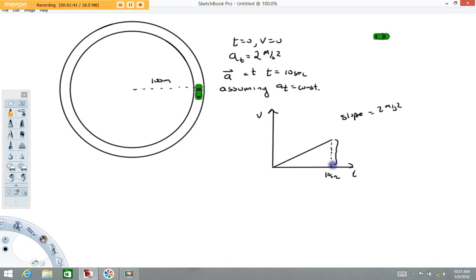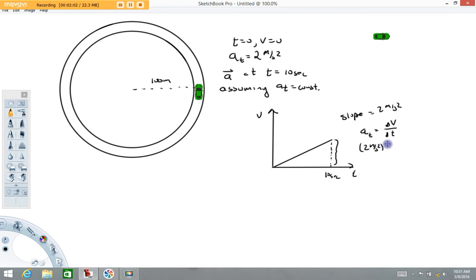This distance we can calculate like this. Tangential acceleration is equal to change in speed, I'll put change in v here, but again, that v is speed, no vector symbol, over change in time. In this example, the acceleration is 2 meters per second squared and the change in time is 10 seconds.